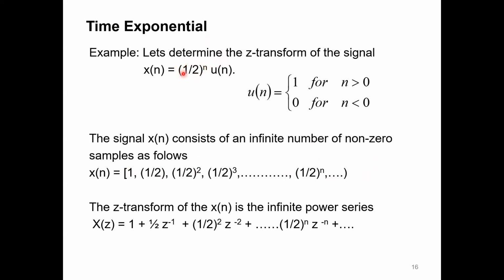Without this half to the n, it would be just u[n], then it is 1, 1, 1, 1, all ones. But now it is a decay. Every step it decays by half of the previous height. Now we put what?